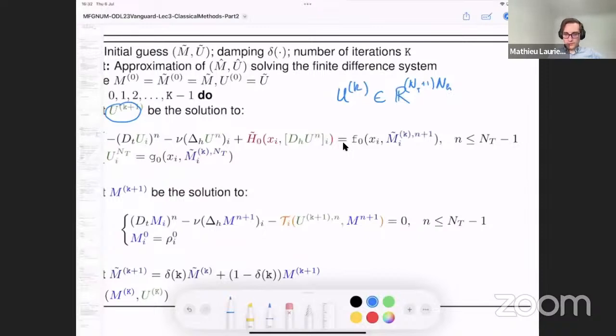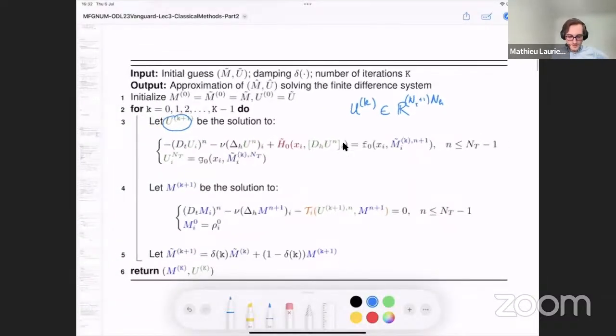So u^k is an object like this. You can represent it as a matrix or a very long vector. And it solves a discrete equation in which I plug in the m coming from the previous iteration. So if I want to compute the next one at iteration k+1, I plug in the m from iteration k. If I do that, then there is no coupling. I can solve the backward equation.